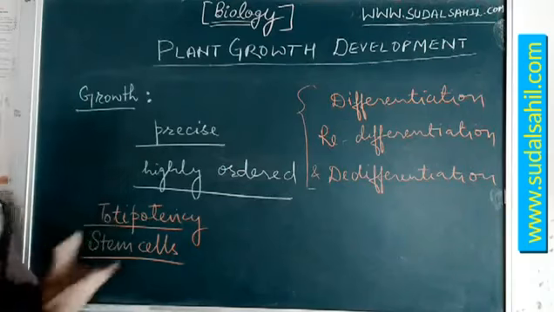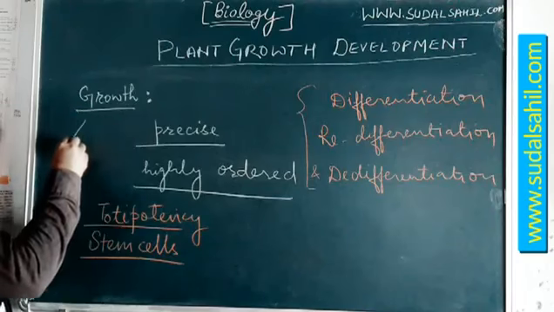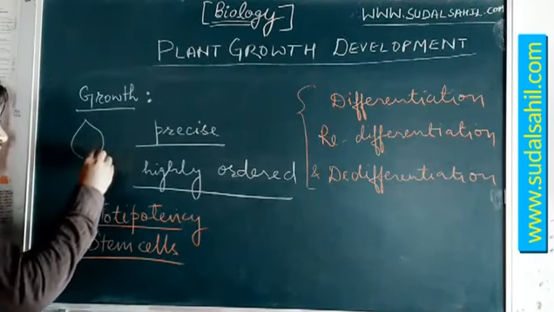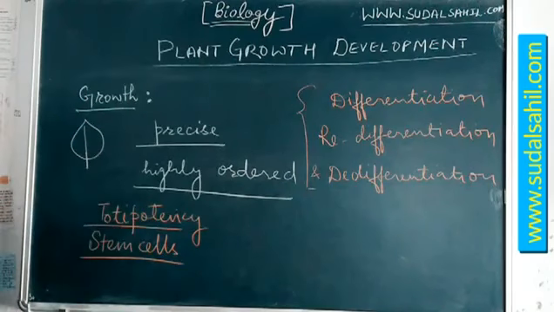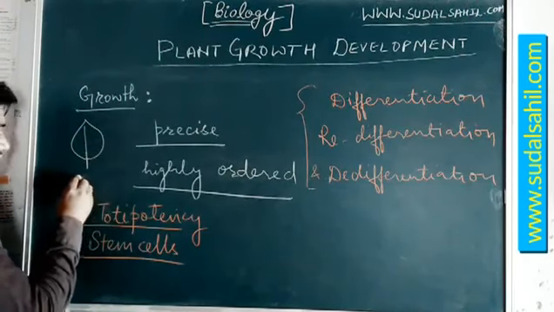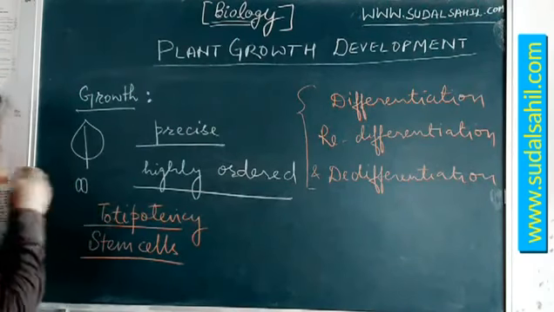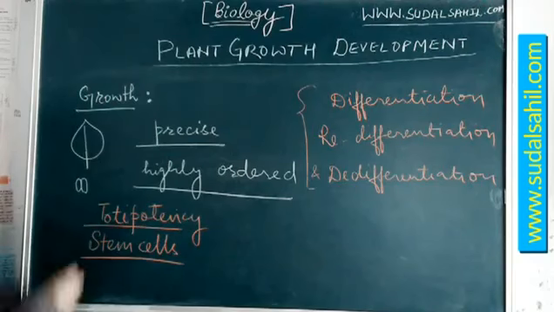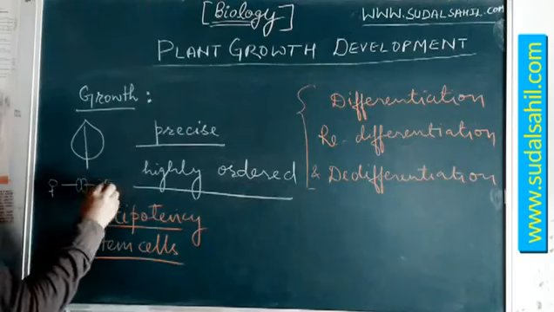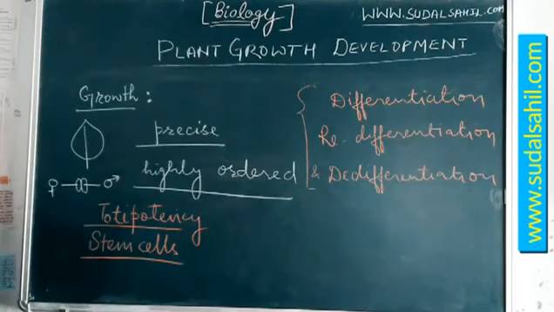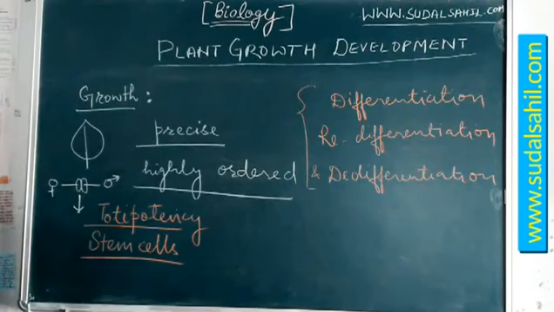So, why is this highly ordered? Because you can see the shape of a leaf. So we know there was 1 cell and then a 2-cell structure, that is the zygote. 1 cell is from the female parent, 1 is from the male counterpart. Then we have a zygote, and this zygote can further divide into many cells.